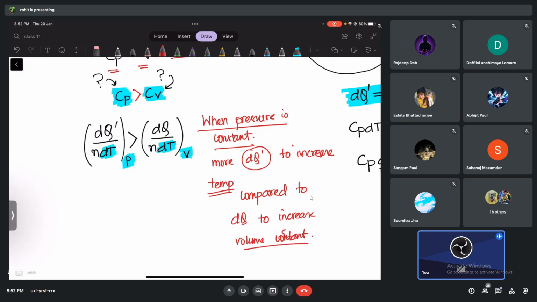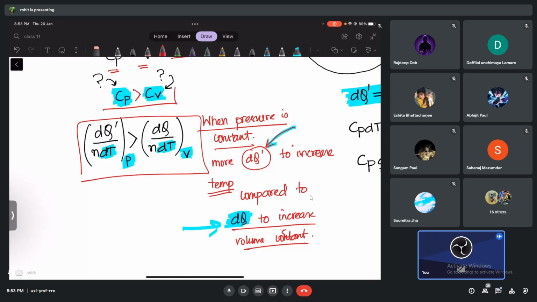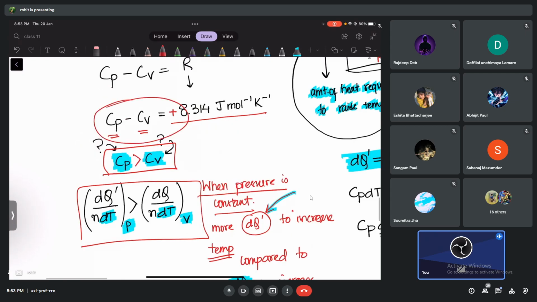Does it make sense? We need less heat to increase the temperature when the volume is constant, and more heat when the pressure is constant. That is the meaning of Cp greater than Cv. The moment you write Cp minus Cv equals R, indirectly it means Cp is greater than Cv.